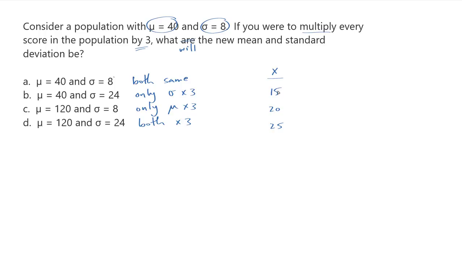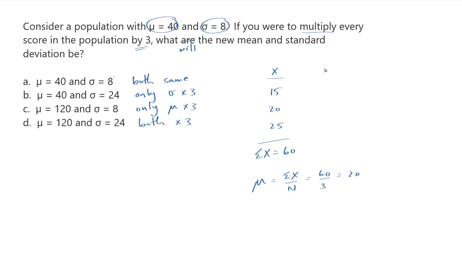So what is the average hourly pay? If you add the three of these, you get 60. The average is the sum of x over n, that's 60 over 3. The average is 20.